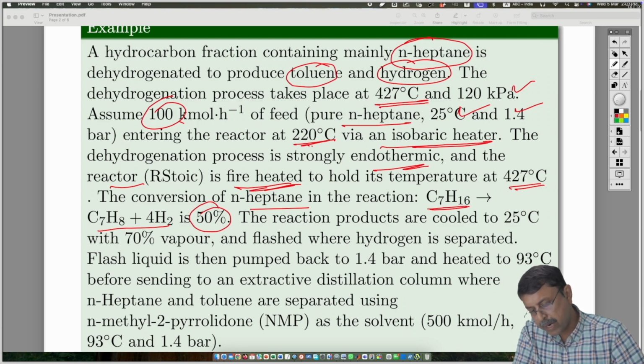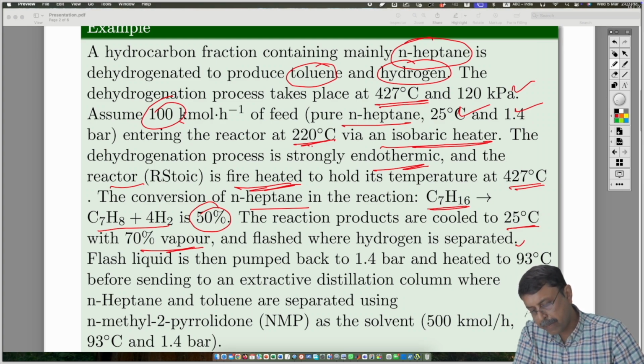And the reaction products are cooled to 25 degrees centigrade with 70% vapor and flashed, where the hydrogen is separated. So first it is flashed and hydrogen is separated. What is left over is mainly heptane and toluene. Okay, so that's what it is.